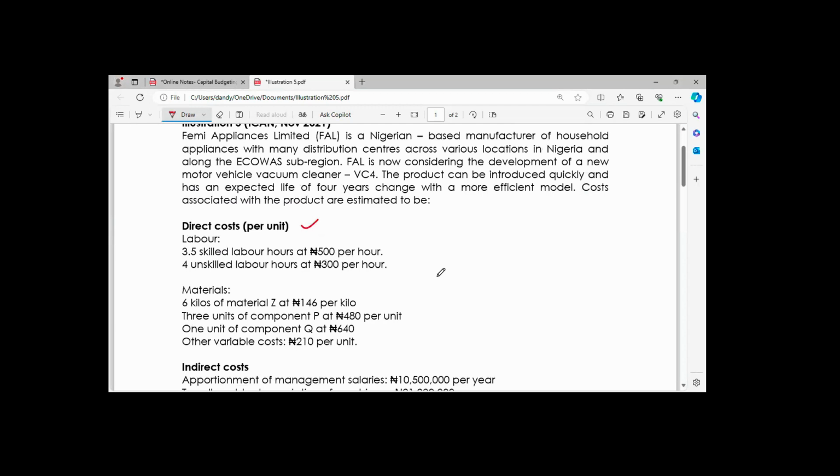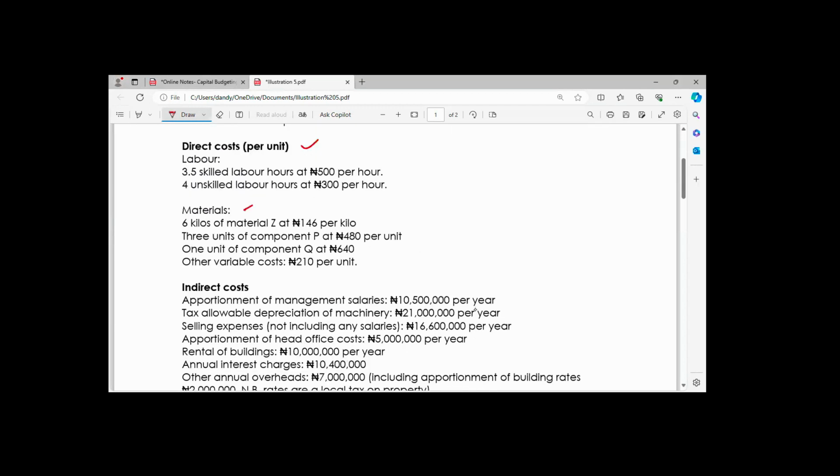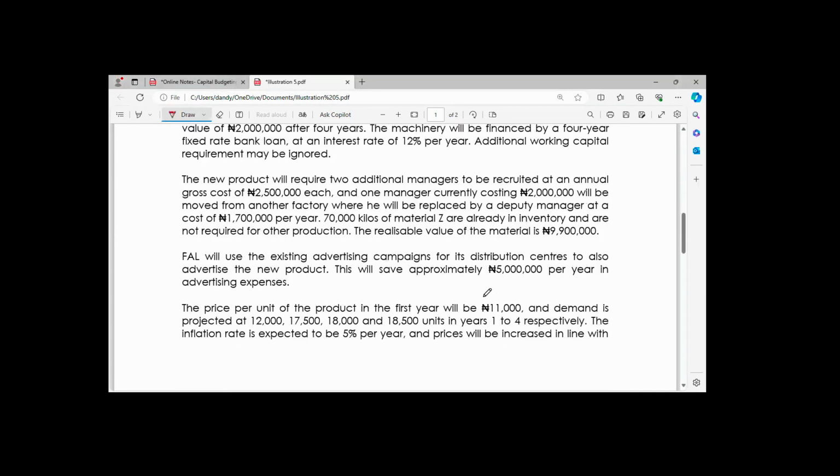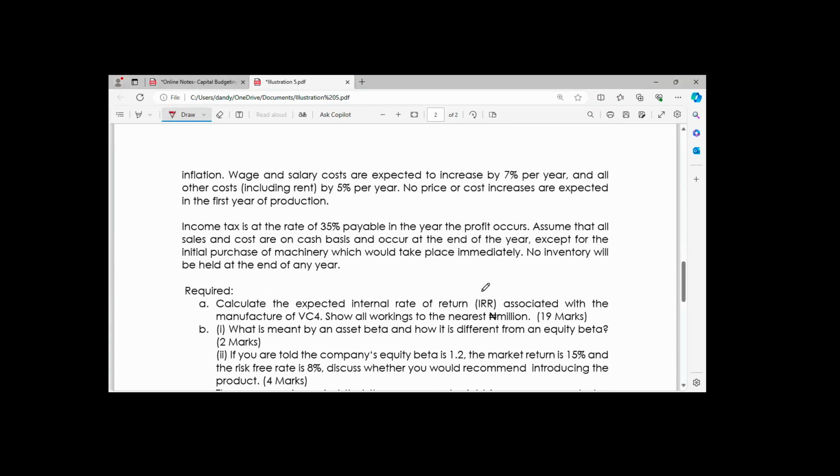We have labor, we have material. We have indirect costs. Not only that, we also have other costs in the question. Therefore, you must be able to identify relevant costs or relevant cash flow before you can do justice to this question.